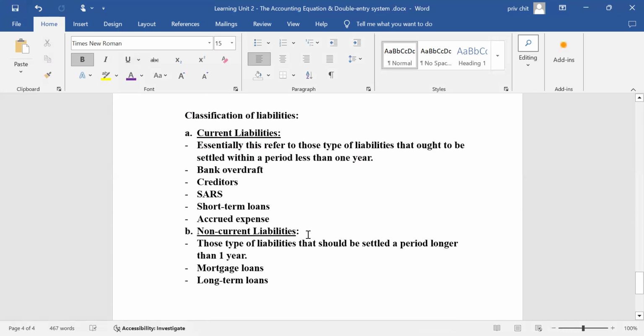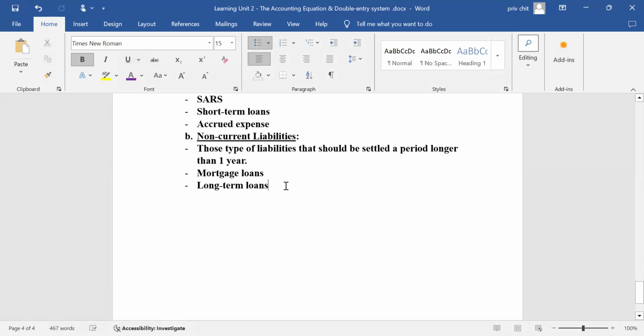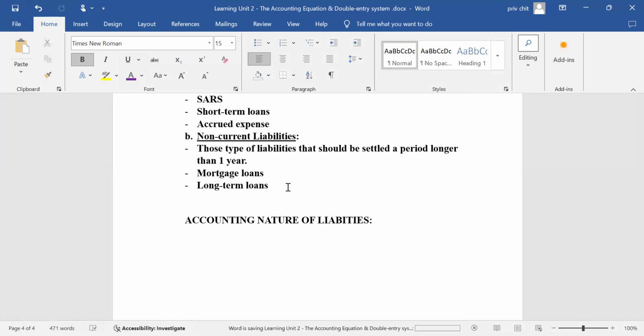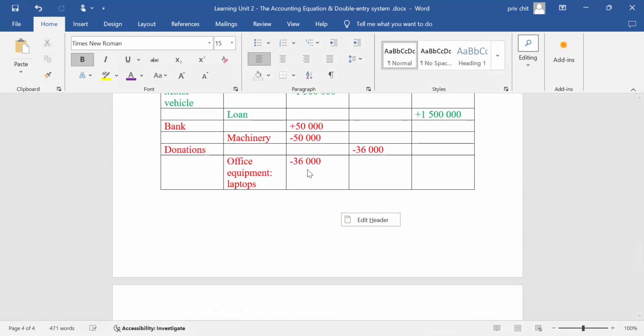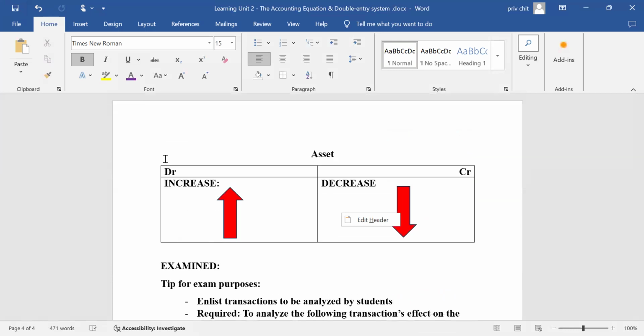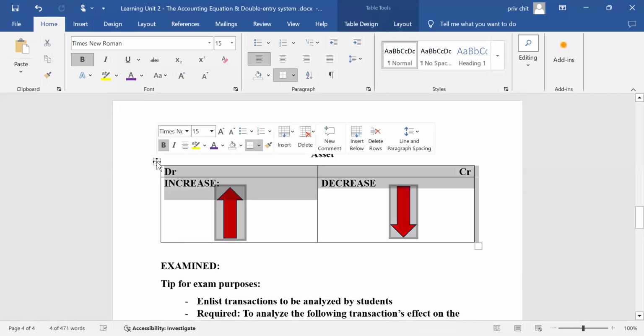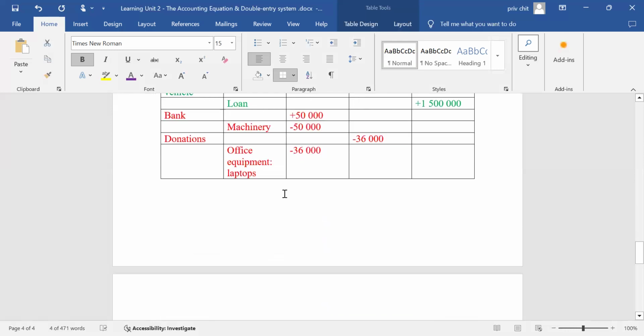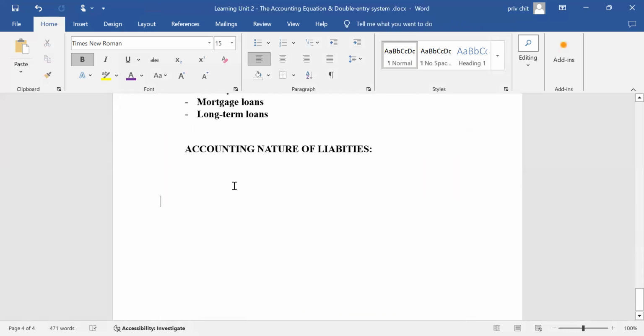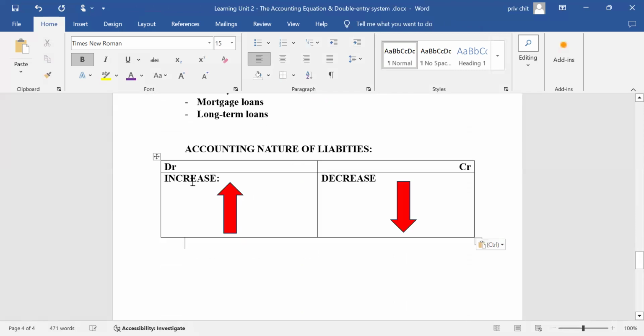Yes. Right. Now, what is the accounting nature of a liability? Here's the accounting nature of liabilities, and I'm going to try and use a table similar to what I gave you last time. Just notice that there'll be slight exceptions in terms of the differences, right?